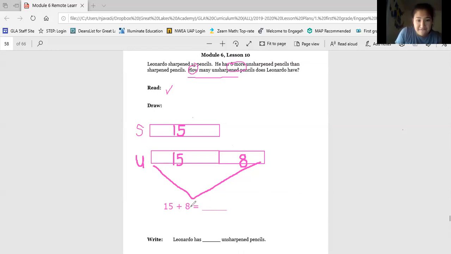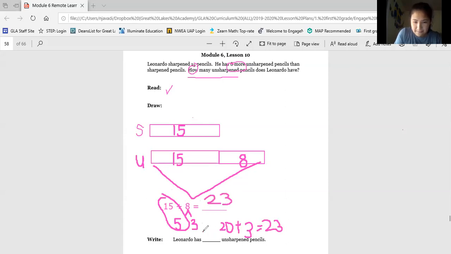So I know that I have 15 right there, and if I have 15, I need 5 more to make the next 10, and that leaves me with the other part of 3. 15 plus 5 is equal to 20. 20 plus 3 is equal to 23. Nice job. So you should have gotten 23. Can't forget to write it in my answer statement too. Nice job. Let's go on to the next page.